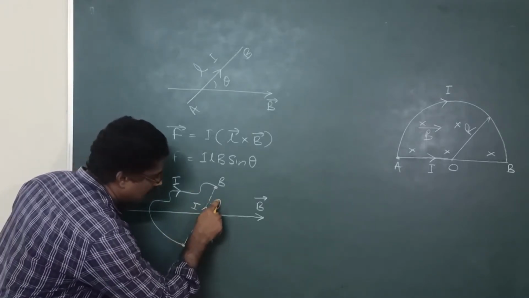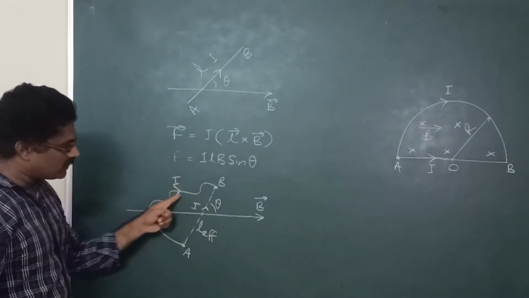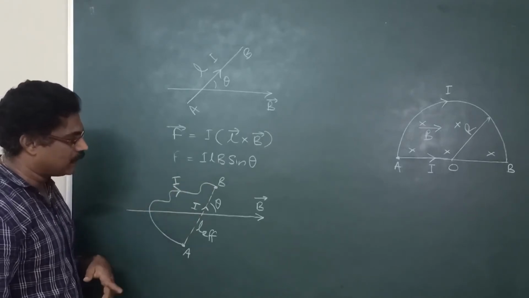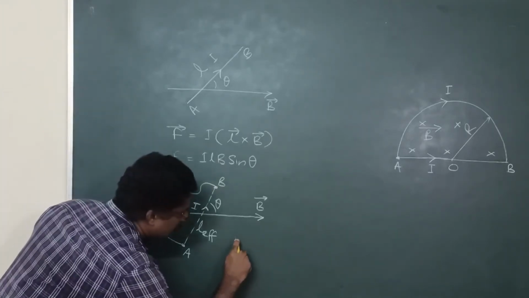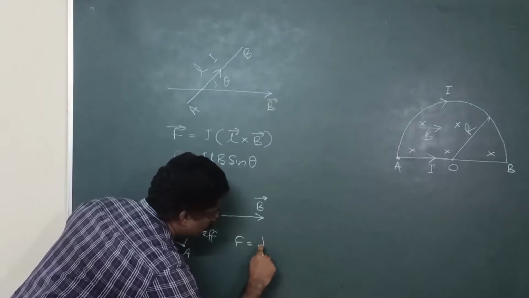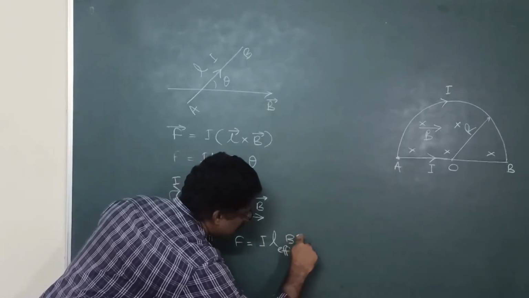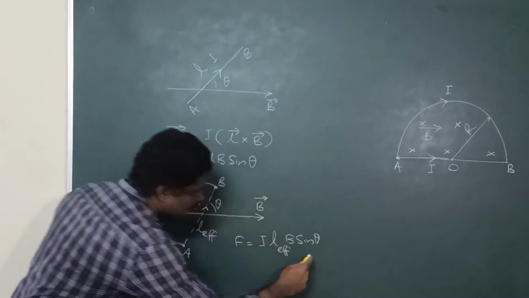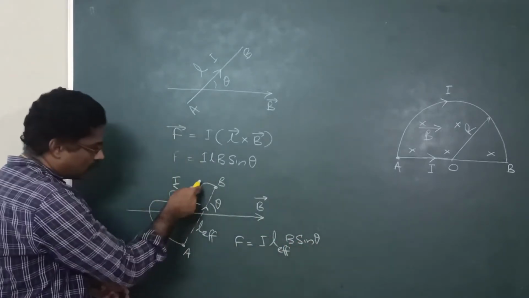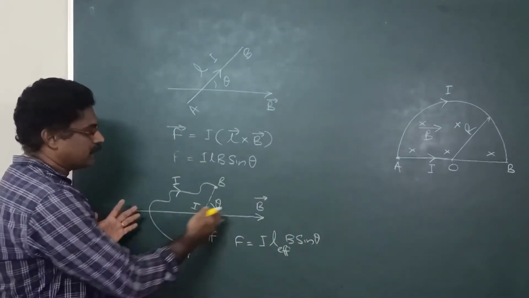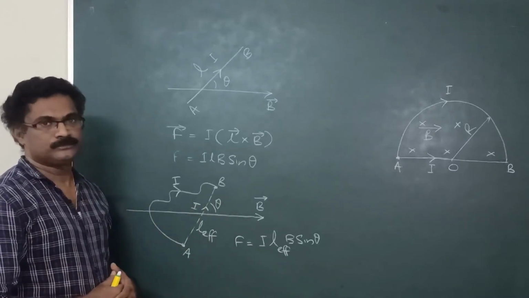This is the angle theta. Then the force acting on this irregularly shaped conductor placed in the magnetic field is given by the magnitude F is equal to I into L effective into B sine theta. So this is the equation for an irregularly shaped conductor carrying current placed in a magnetic field.